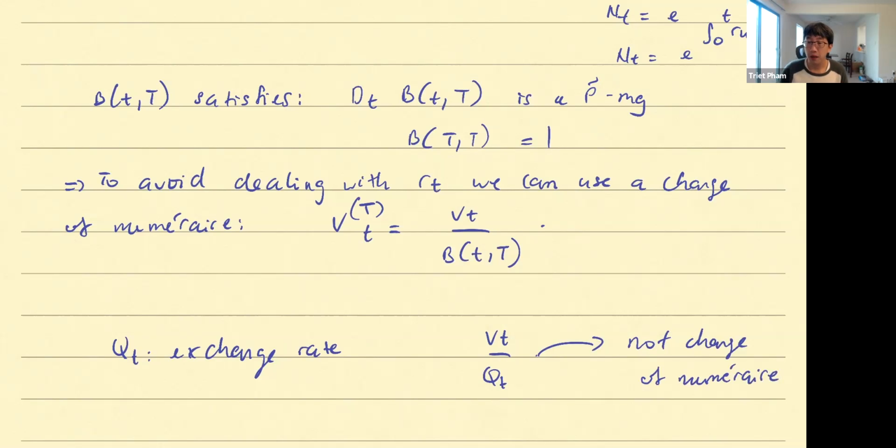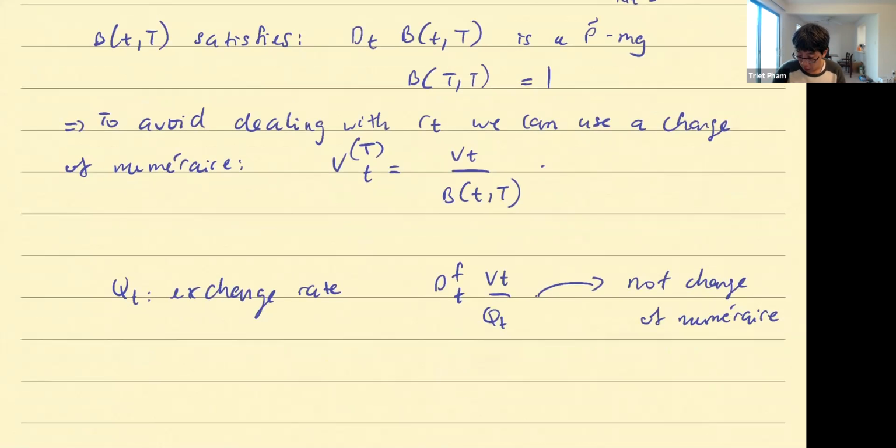Because you forgot the discounting factor under the foreign currency. Or if you want, you must divide by the foreign money market account, N^f_t, to make it a legitimate change of numeraire.